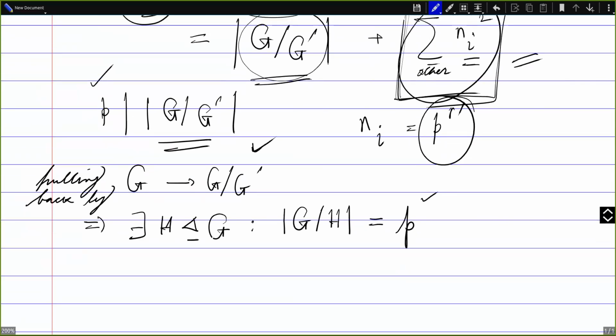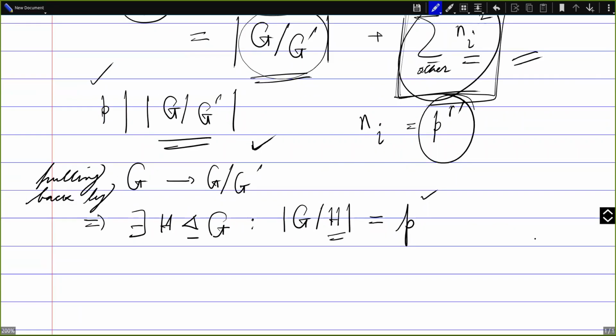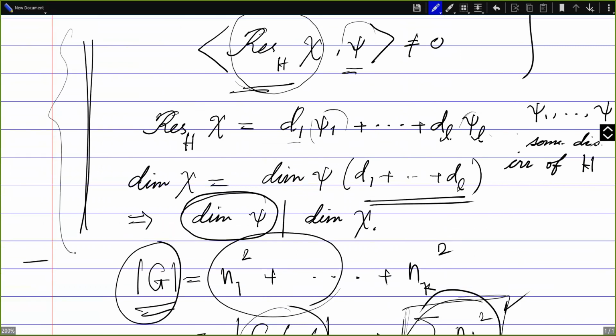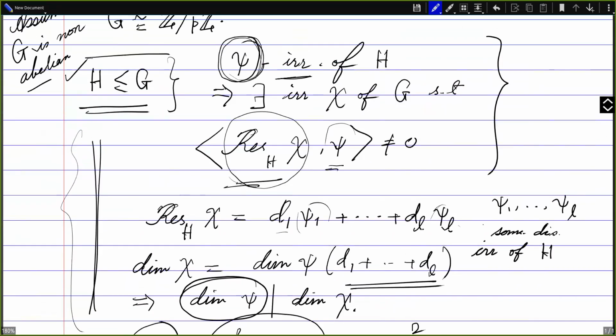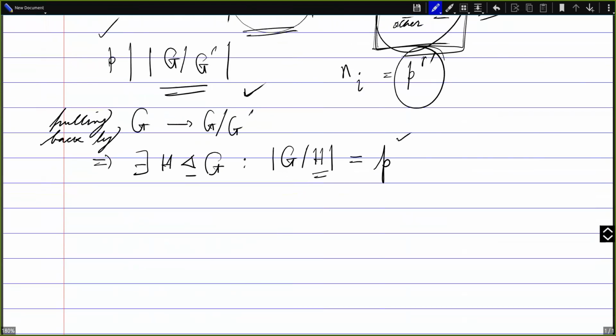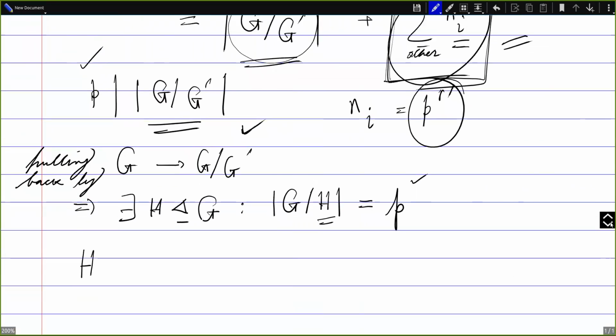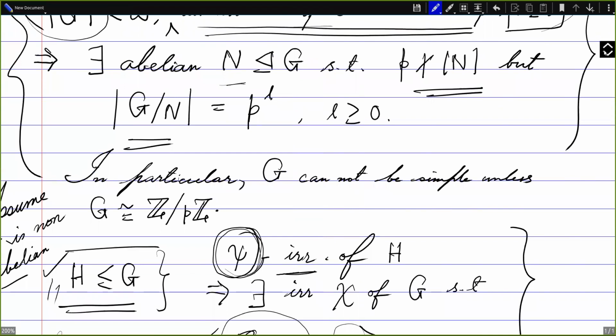Since the index is P, H cannot be the whole of G, and hence we apply this general observation which holds for any subgroup H. Therefore all irreducible characters of H have dimension some power of P, so we can apply the induction hypothesis on the order, and we get a normal subgroup N of H such that this happens.